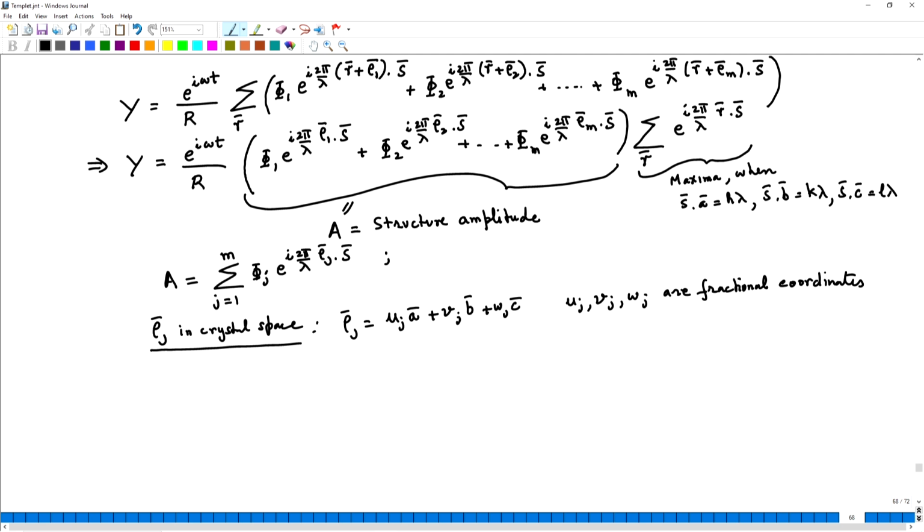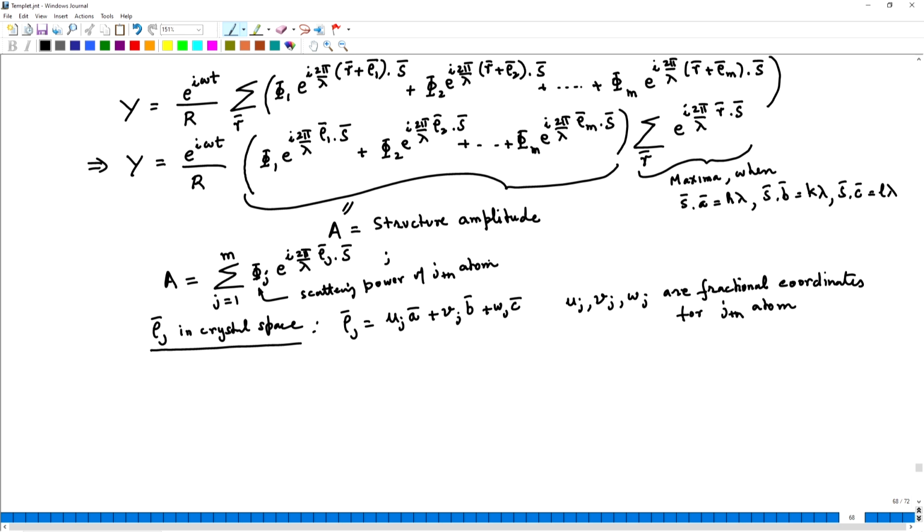So, fractional coordinates for the jth atom, and phi j is the scattering power of the jth atom.